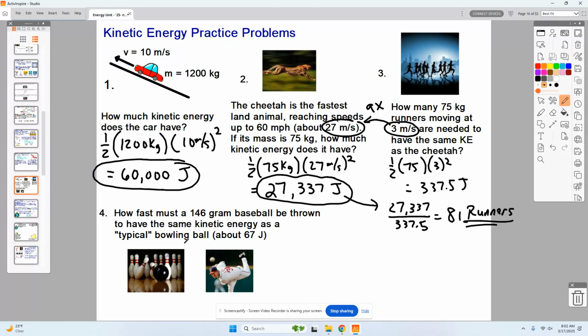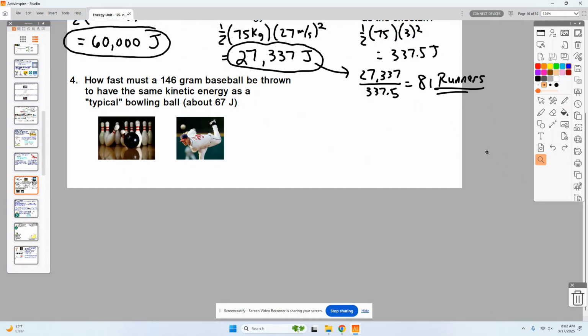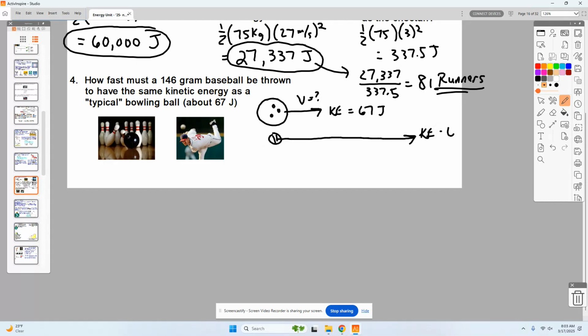The way you would set that equation up would look something like so. You might not draw these pictures here. If I'm going to throw a baseball to have the same kinetic energy, its velocity is going to end up having to be really large.